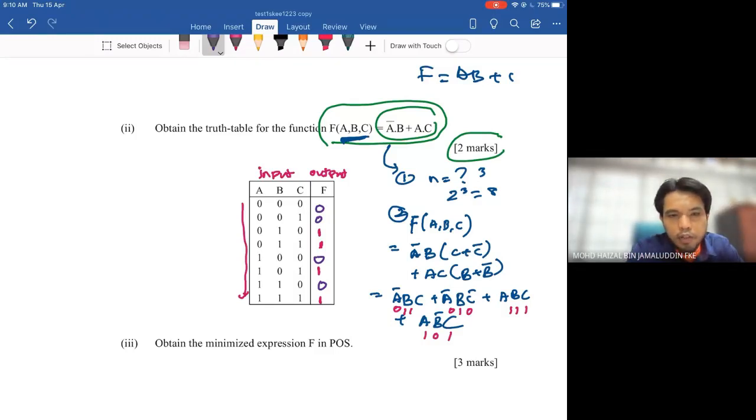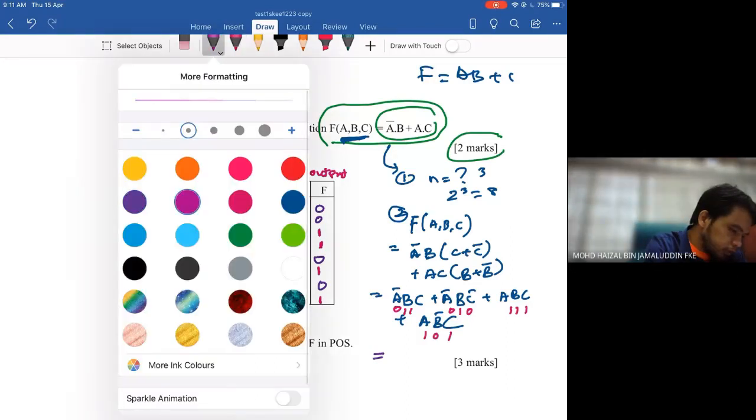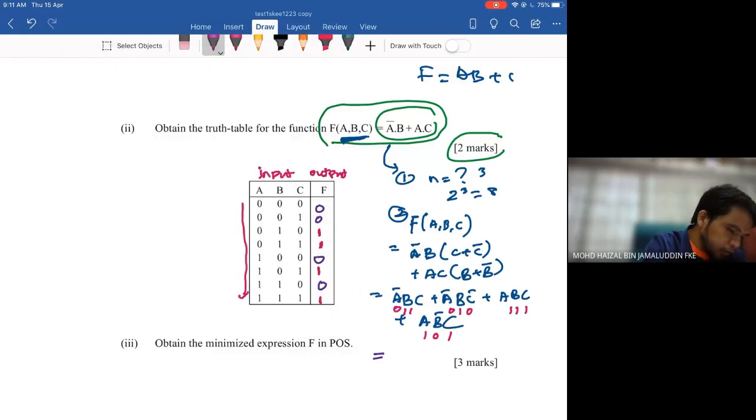So that's how. This question didn't ask you to write in Minterm, but you can also write this in Minterm. This is representing 0, 1, 2, 3, 4, 5, 6, 7.